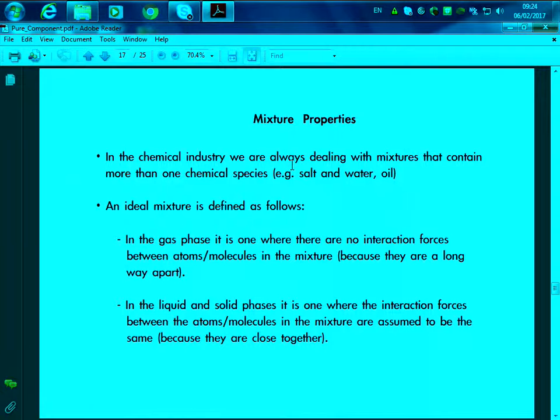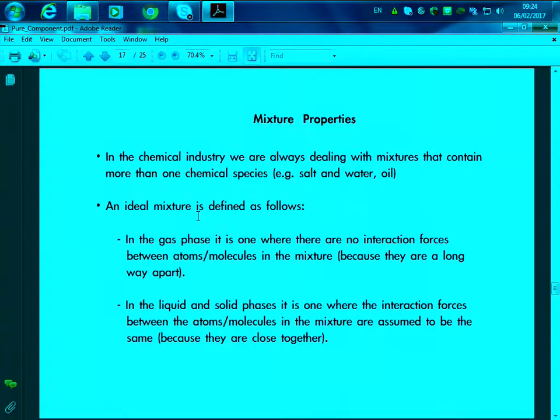In the chemical industry, we're always dealing with mixtures that contain more than one chemical species. Salt and water, oil, all of that will be a mixture of several compounds. So things do complicate. Normally, in order to facilitate calculations, we can, in certain cases, knowing the limitations, refer to it as an ideal mixture. An ideal mixture in the gas phase is when we assume that the atoms or molecules are so far apart that there are no interaction forces.